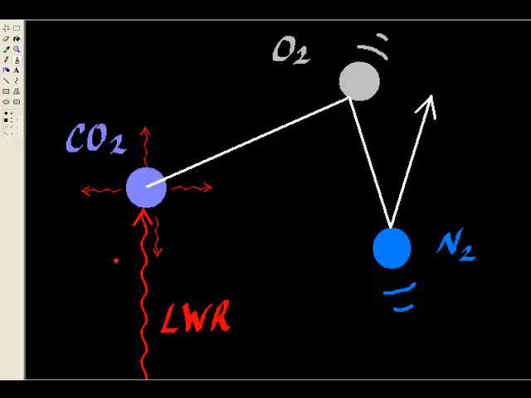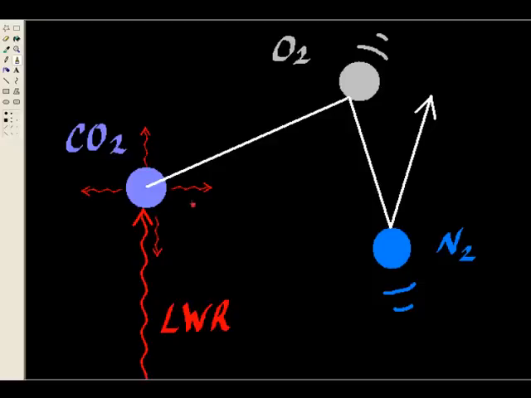Now, just like a tuning fork, if you hit a tuning fork and it begins to vibrate and emit a sound, it's the same with CO2. The long-wave radiation makes the CO2 molecule vibrate, and when it starts to vibrate, it will in turn start to emit long-wave radiation out into the atmosphere. The long-wave radiation emitted from this CO2 molecule will travel to other CO2 molecules and make them vibrate also.